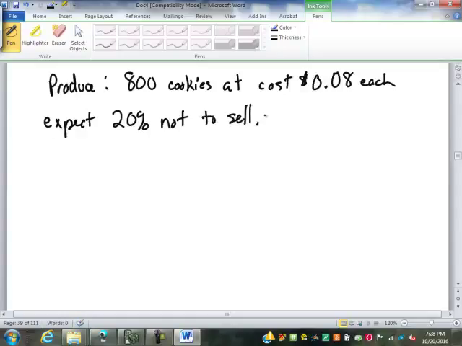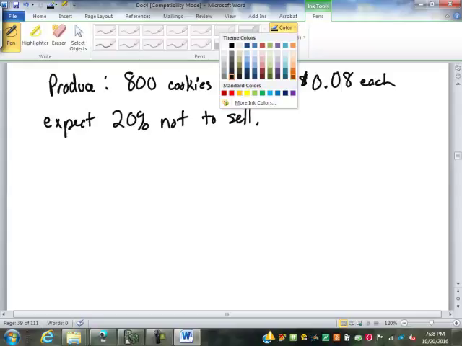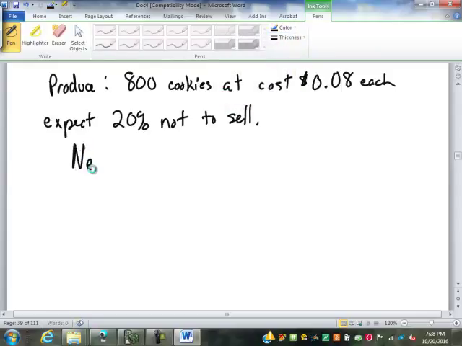So either they're going to sit there too long and dry out, or you might eat a few. Who knows, right? If I were cooking, it would be way more than 20% that don't sell. Now let's say you figure you need 40% markup on cost. So let's find our unit selling price. How much are we going to charge per cookie?